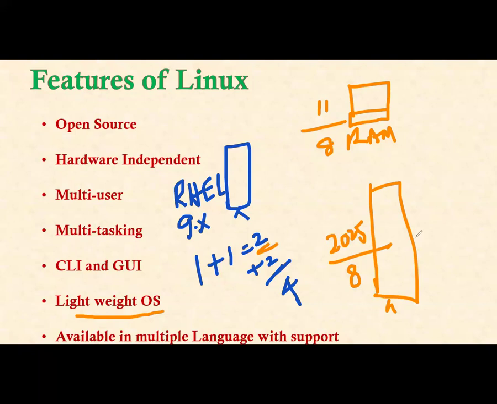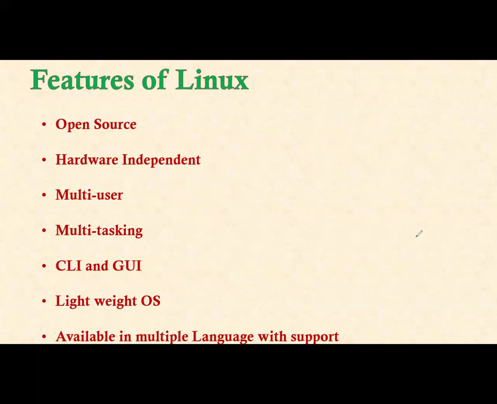Got it, friends? Now, Linux Server operating system is available in multiple languages. Okay, Linux Server operating system can be configured and administered by using multiple languages. In India also we have many languages, right?